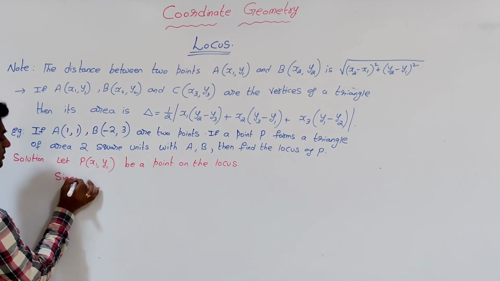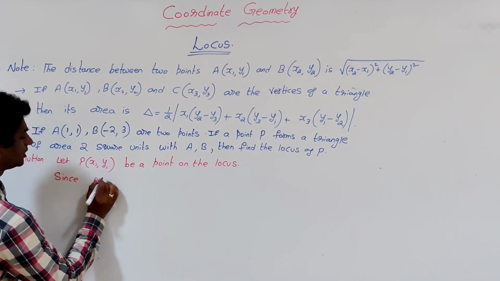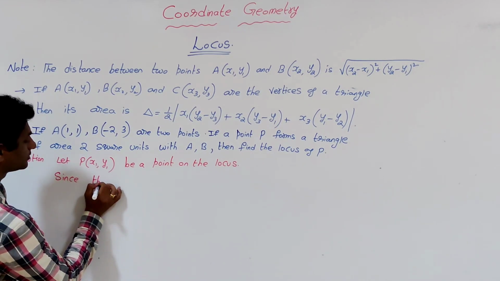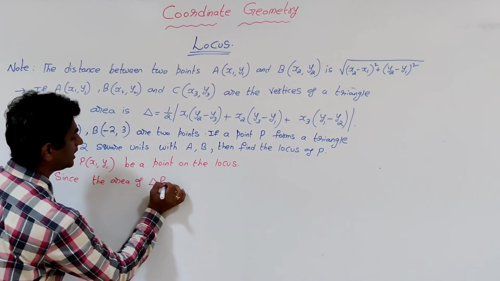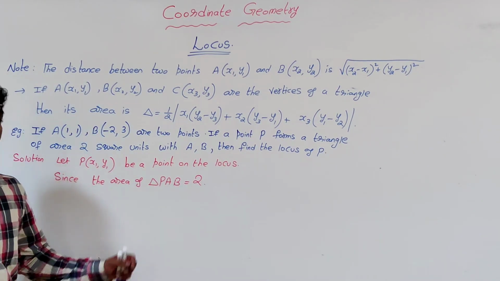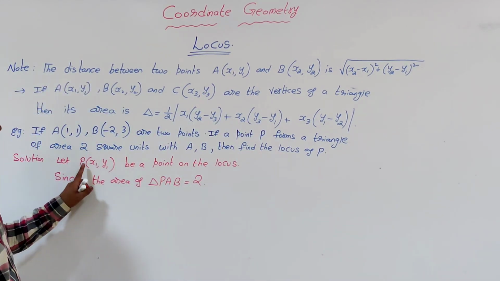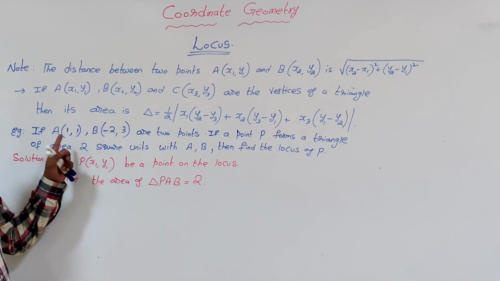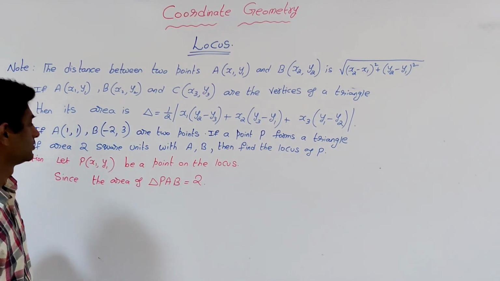Since the area of triangle PAB is 2 units, and we know the area of the triangle formed, assume that this is (x1, y1), (x2, y2) and (x3, y3).